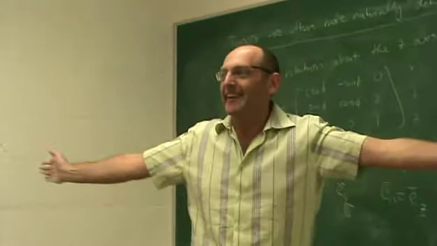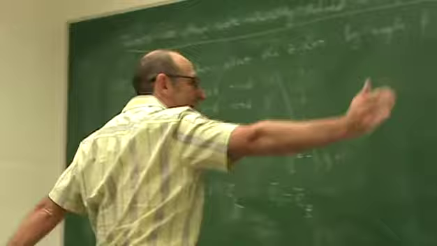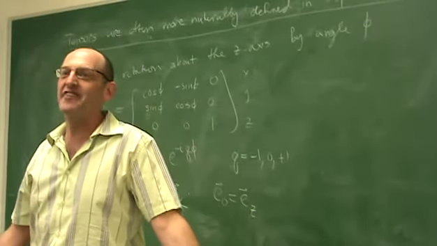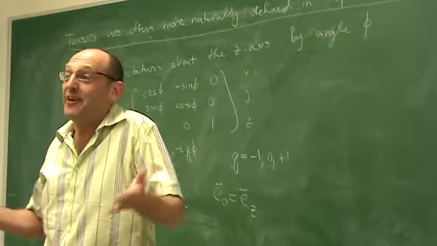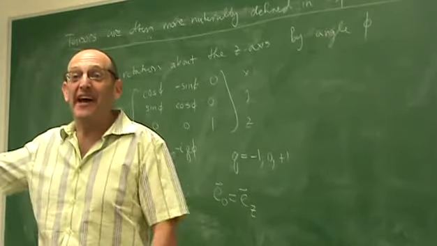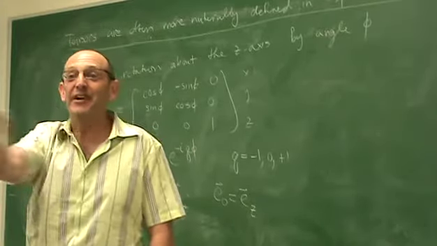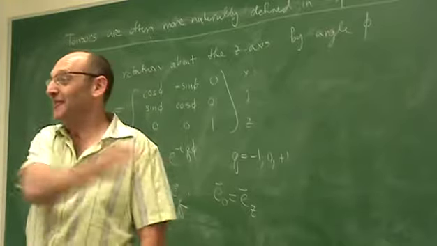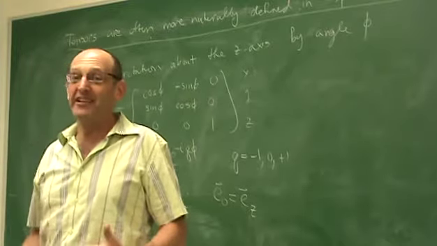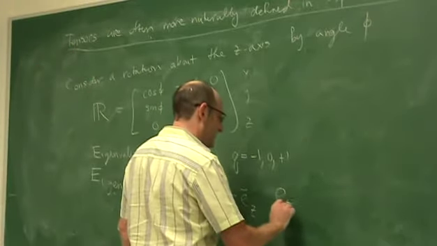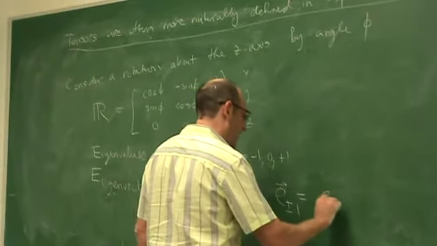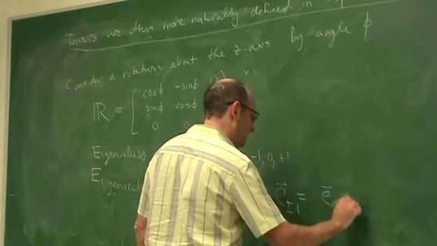No matter what I do, it seems like diagonal is going to change. How am I going to get an eigenvector? Well, I can't in real space. There is no vector in the xy plane that transforms into itself under rotation. It rotates. So I have to move into the complex plane, and the eigenvectors are e_x plus or minus i e_y.